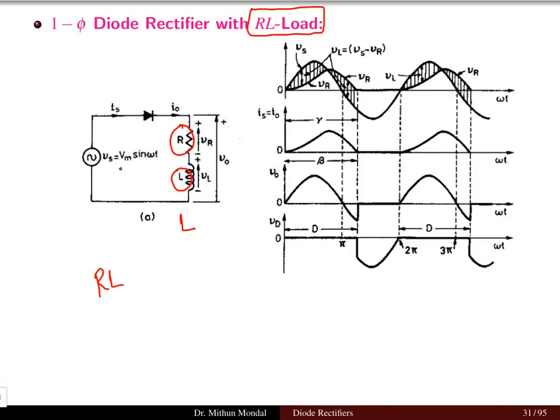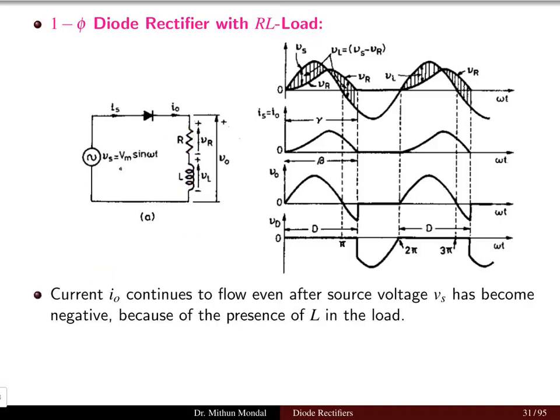What will happen? In the R and L combination, the current I naught continues to flow in the network even after the source voltage has become negative. When the source voltage is negative, we know that the diode will not conduct and it will be reverse biased. But what will happen? The inductor will store some amount of energy which will be driving the network.